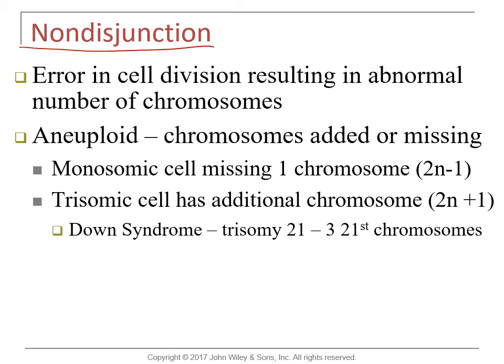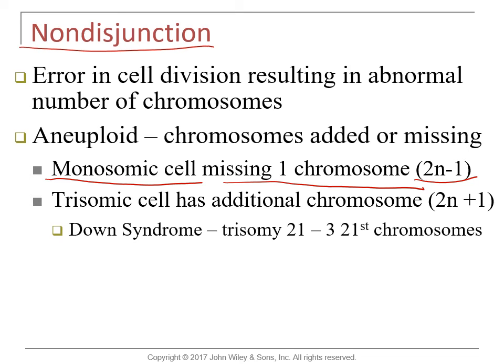Also, a cell in which one or more chromosomes has been added or deleted is called aneuploid. Here we have a monosomic cell, which is 2n minus 1, a chromosome set that is missing one chromosome.